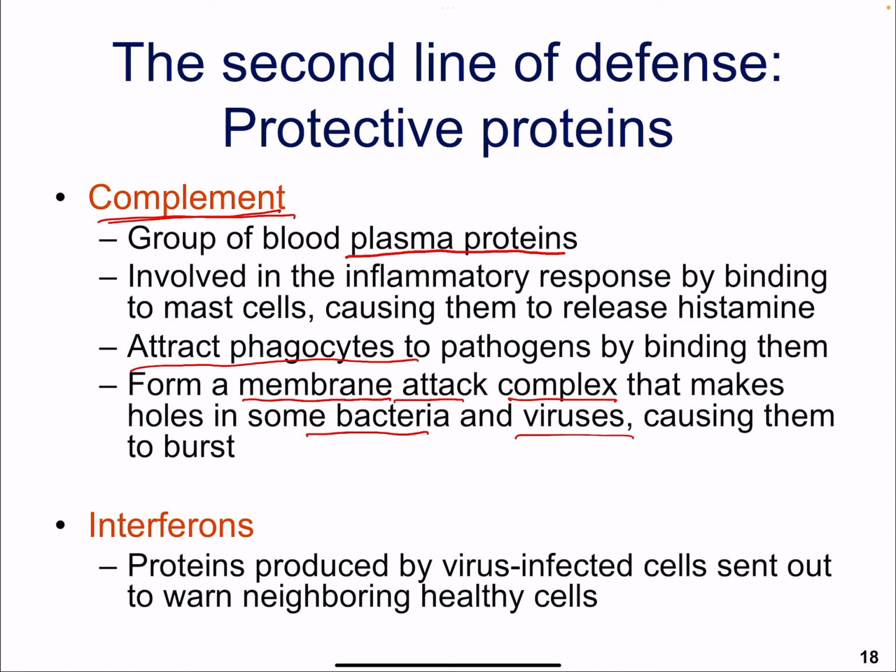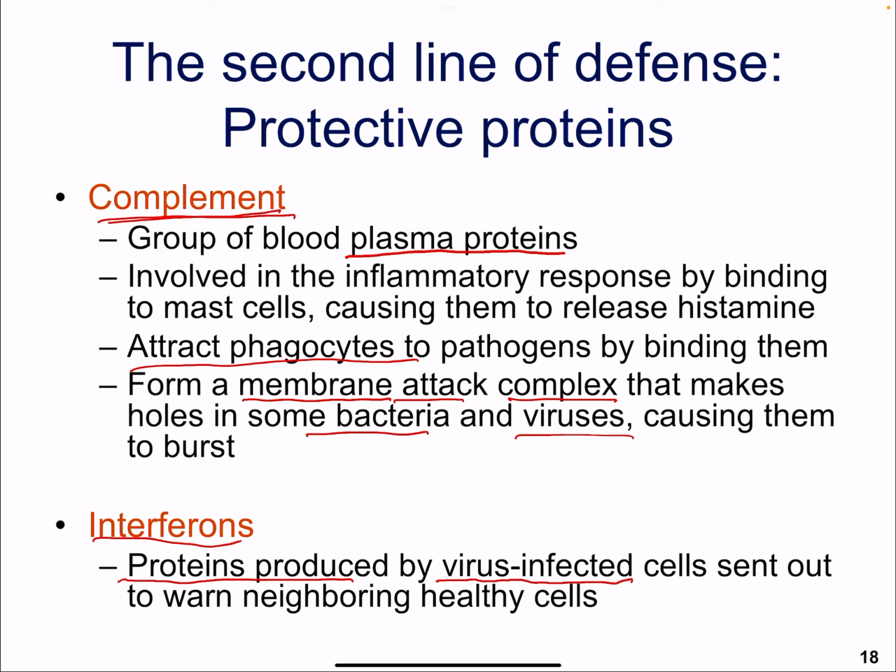And now the interferons. The interferons are going to be particularly abundant when we are undergoing a viral infection. So viral infection is going to cause the production of a huge amount of interferon, right?